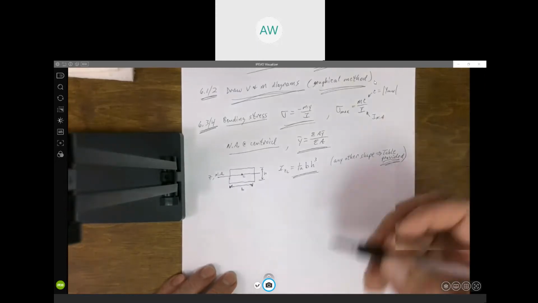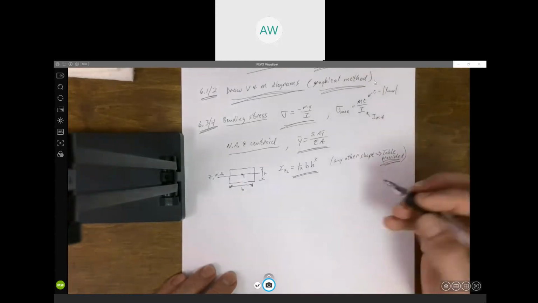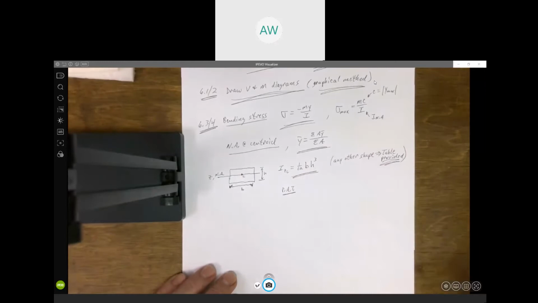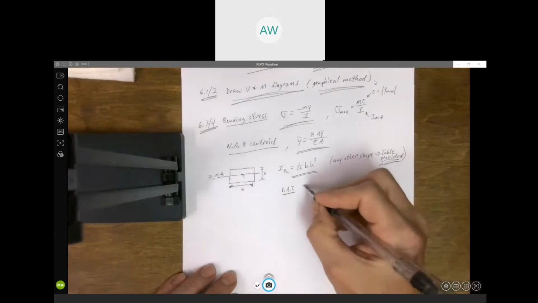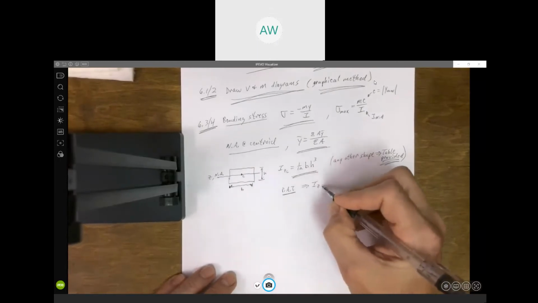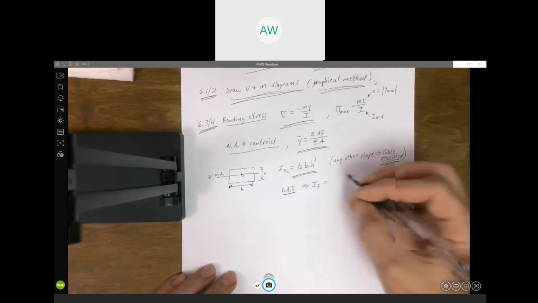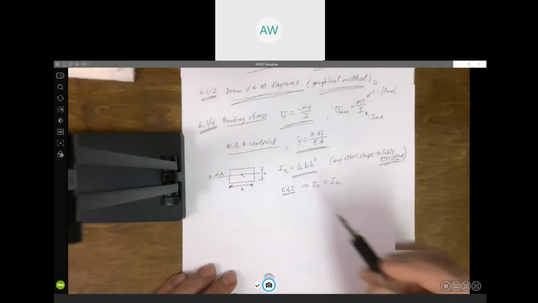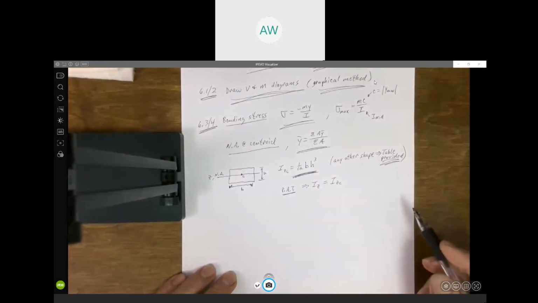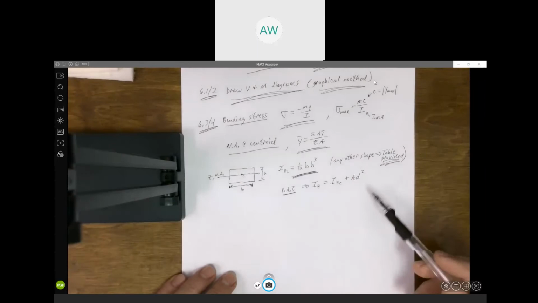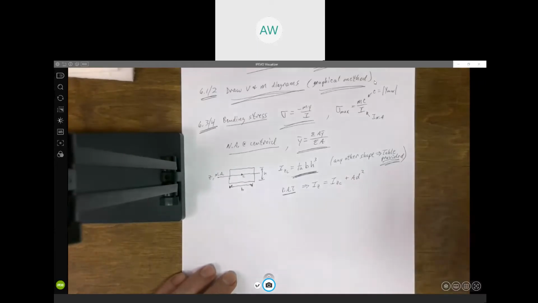And then you also need to know how to apply the parallel axis theorem. So if you're getting the moment of inertia about the neutral axis and it doesn't go through the centroid of that piece, then to get the moment of inertia about the neutral axis, or the z-axis that you want, you take the moment of inertia about the axis through the centroid, like 1/12 base times height cubed, and you add A d squared, where d is the distance from the neutral axis to the centroid of that piece.